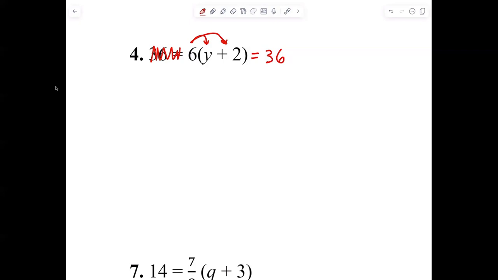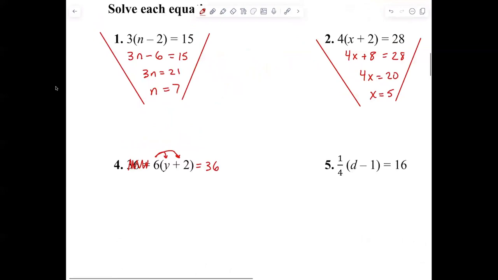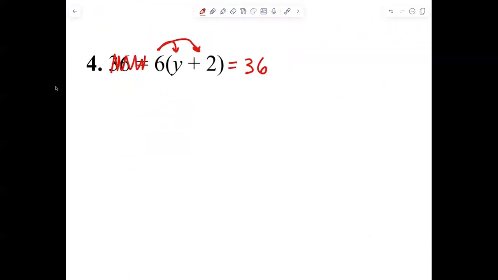Distribute the 6. Come back. Just like we did over here, I distribute the 3. Would you make it 6y? Yes, that's what we mean by distributing. 6y. Now distribute it to the 2. What do you get? Plus 2.